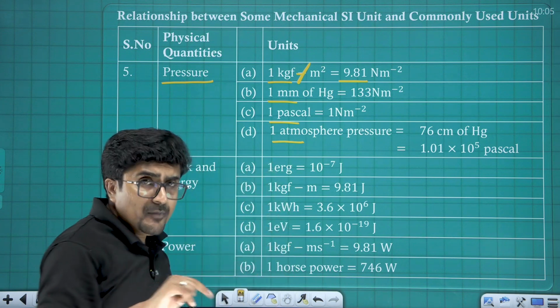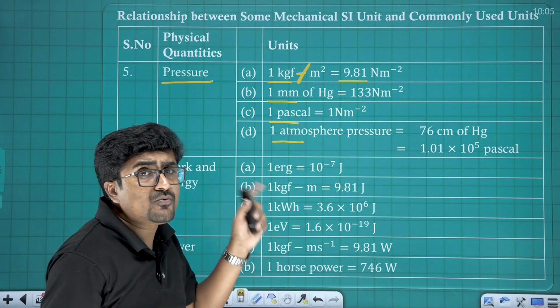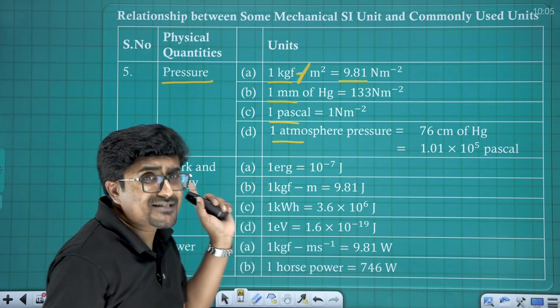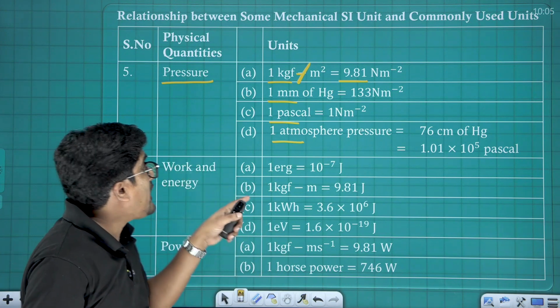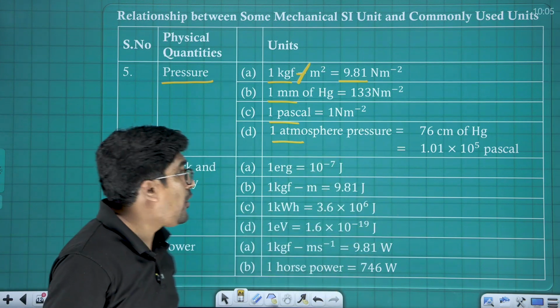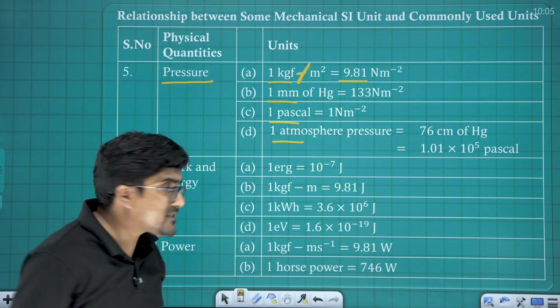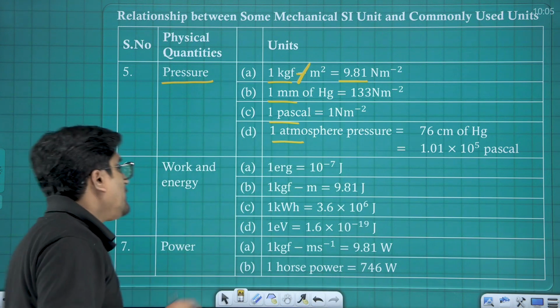Next is 1 millimeter of mercury, that is 133 Newton per meter square. Next is 1 Pascal, that is 1 Newton per meter square. And next is 1 atmospheric pressure, that is 76 millimeter of mercury, or 101.325 Pascal, which can also be written as 1.01 into 10 to the power 5 Pascal.